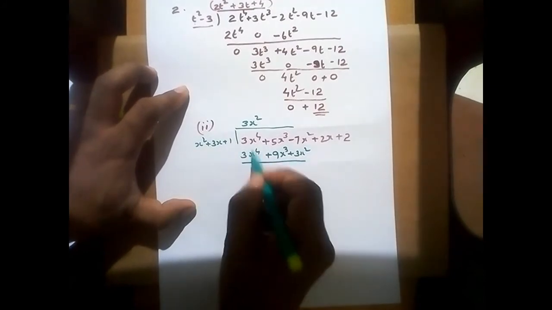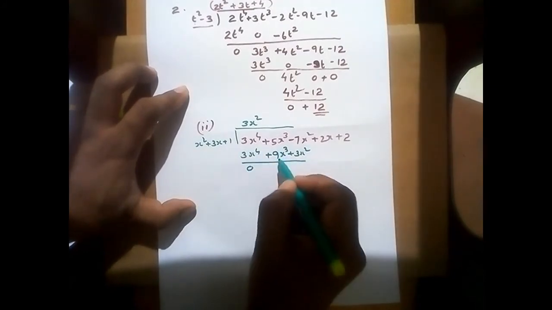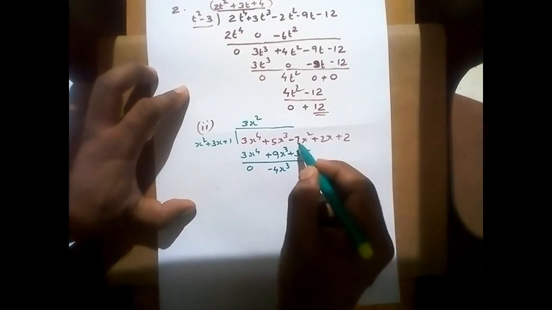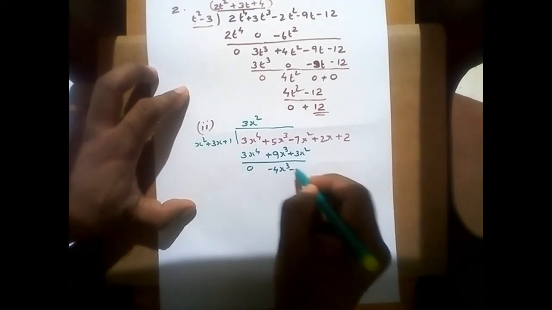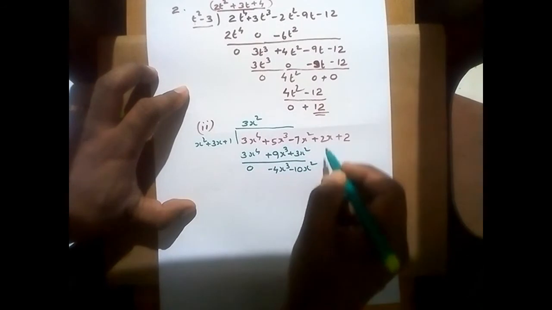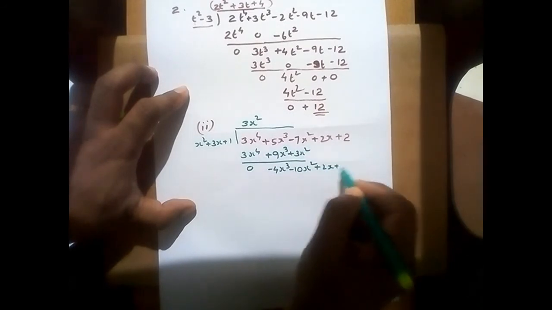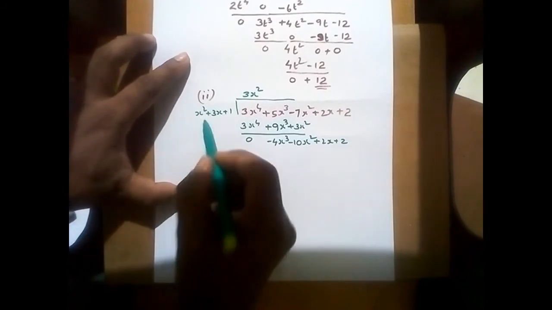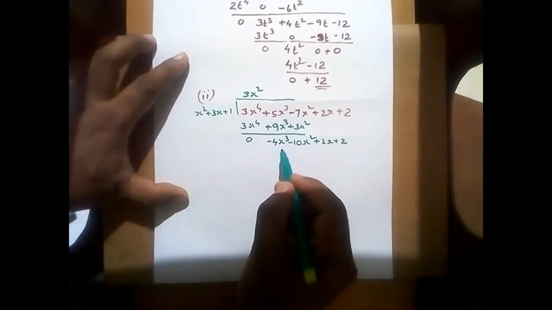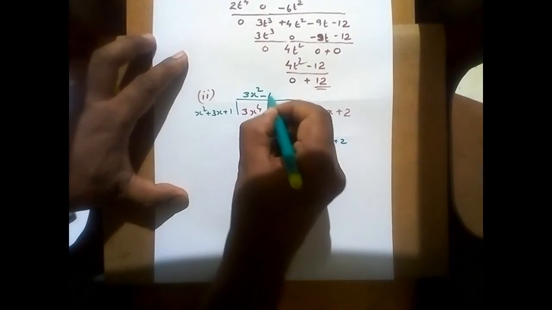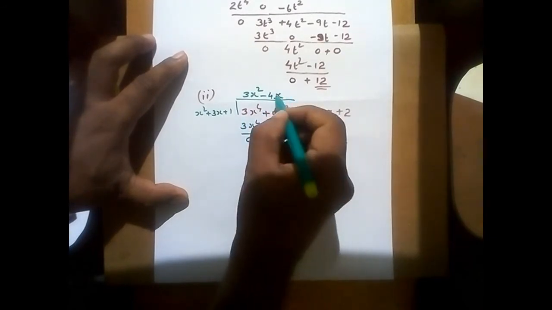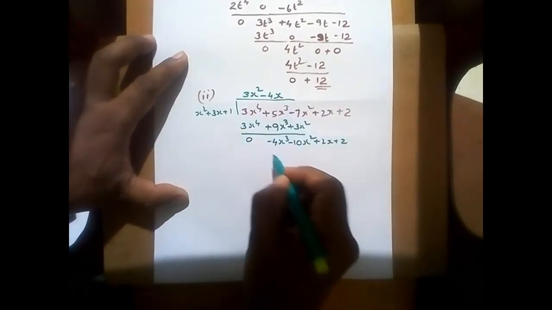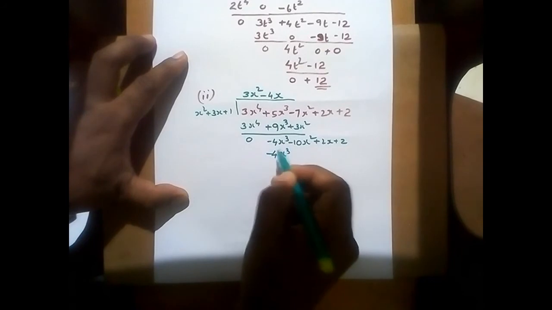Subtract, here it is 0. 5 minus 9 is minus 4x cube. Minus 7 minus 3 is minus 10x square, plus 2x plus 2. Here x square, here minus 4x cube, so we have to multiply by minus 4x. Minus 4x into x square is minus 4x cube.